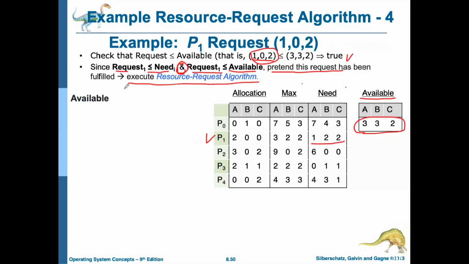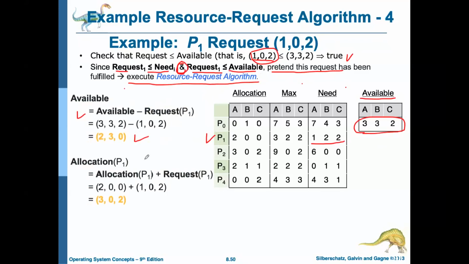So available. Just repeating this: available must be minus the request from 332, and this is the current availability. Now allocation for P1 is 200 plus the request 102, so now 302.